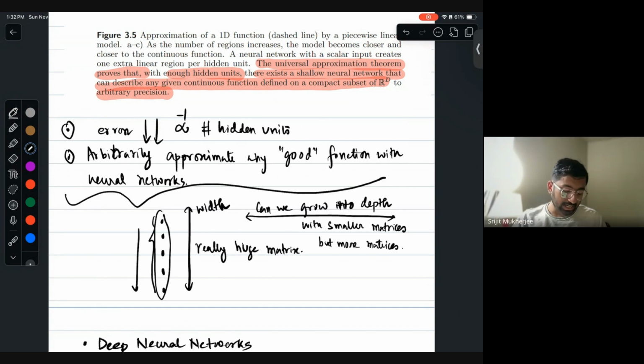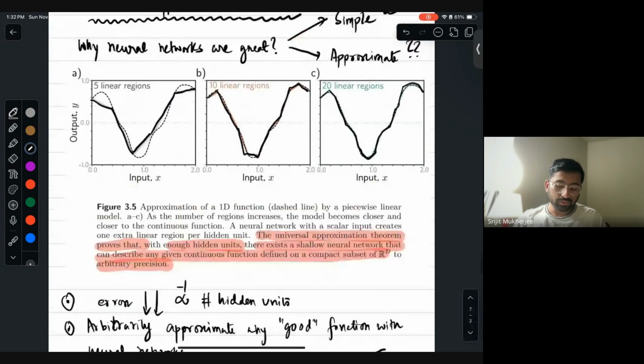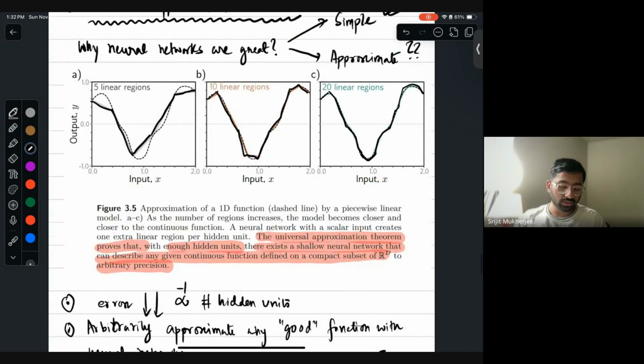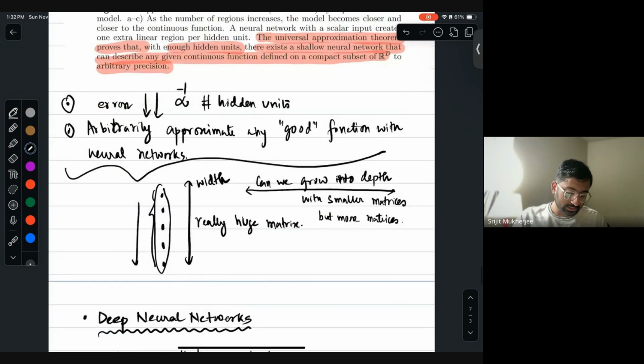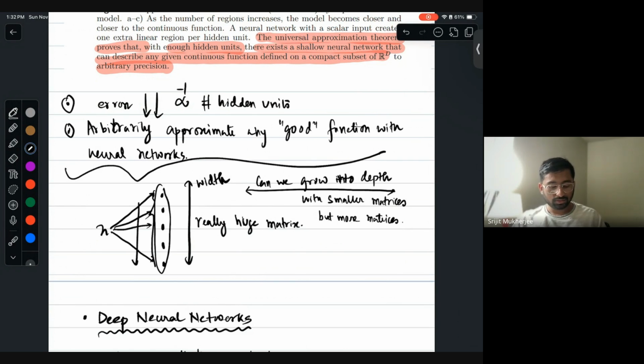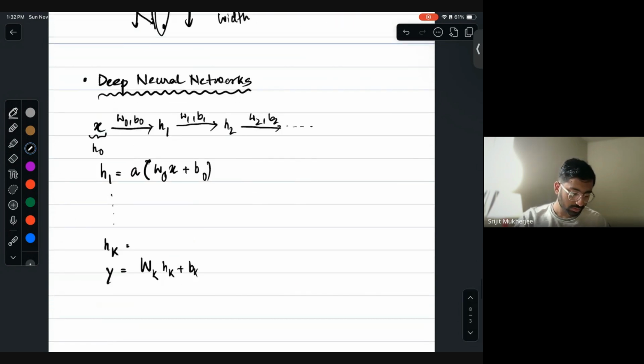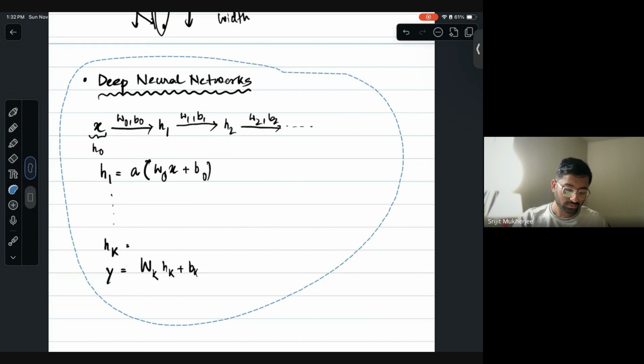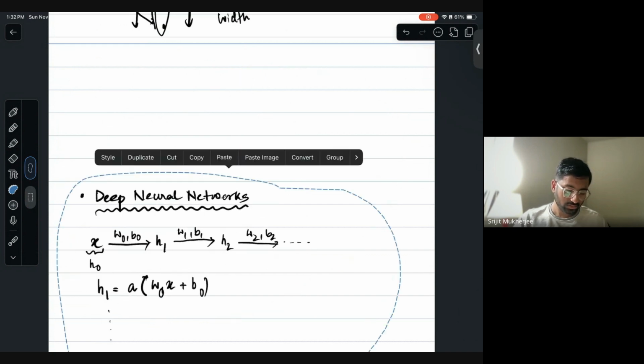So what I'm saying is that with arbitrary linear regions or hidden units, the number of hidden units, the width, means that for a more complex function we need a much bigger matrix.